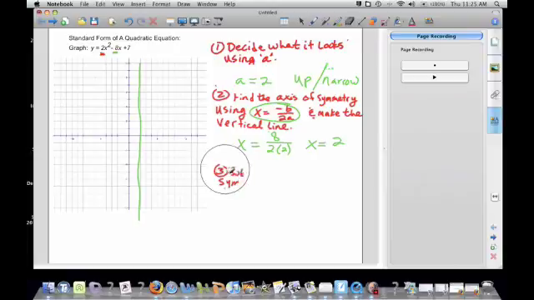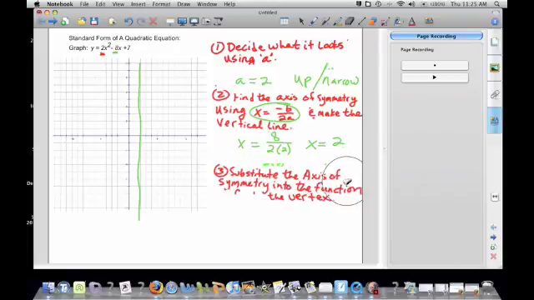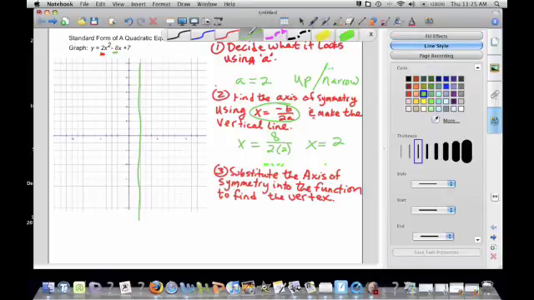Next, we're going to use the axis of symmetry to help us find the vertex. The vertex is the highest or the lowest point on our parabola, and all we have to do is plug our axis of symmetry back into the original function, 2x squared minus 8x plus 7, and figure out the y value that would correspond.